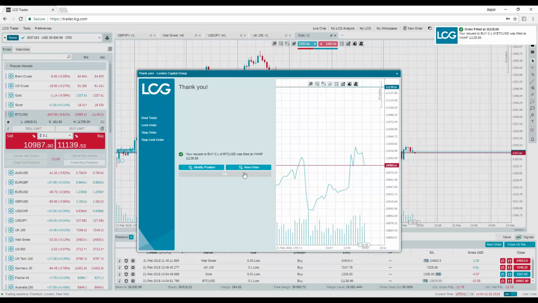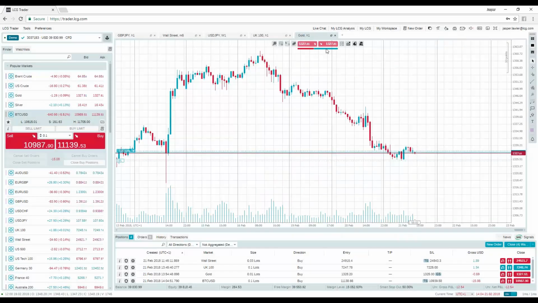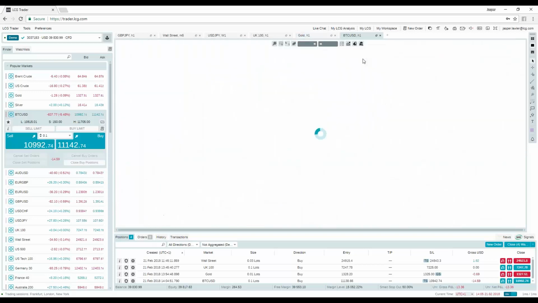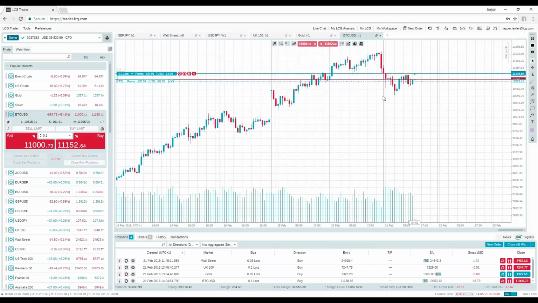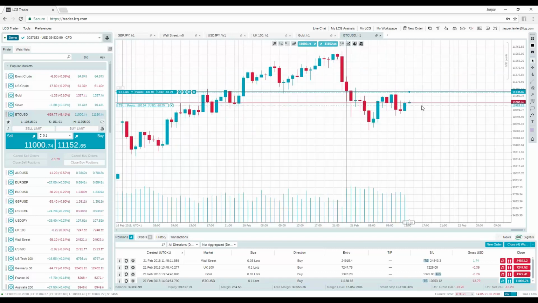So, okay, I don't think I actually have a chart for that open, so let's have a look. BTC USD. So there you go. If we zoom in on this market a little bit, there's my order. Did I sell in the end?